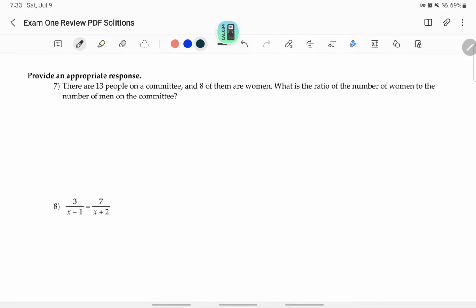Under the assumption that we're talking about binary men and women for this situation, we know we have 13 people in total. If 8 of them are women, that means the other 5 must be men.